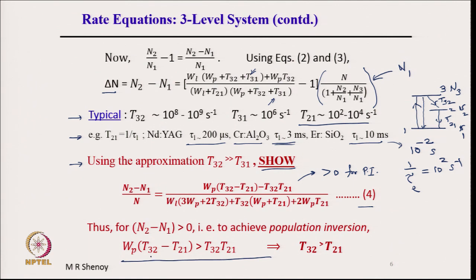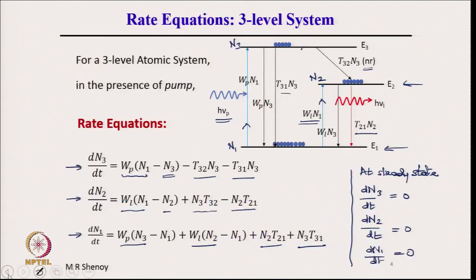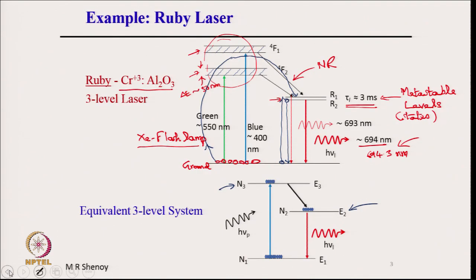This implies the first condition, T32 must be greater than T21. What was this T32 and T21? Look at this, this is T21, the rate at which atoms are coming, and T32. T32 has to be greater than T21. So, that is what we discussed even before we wrote the mathematics.